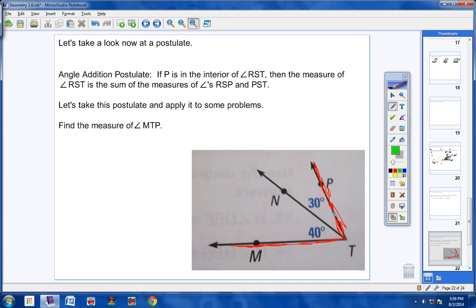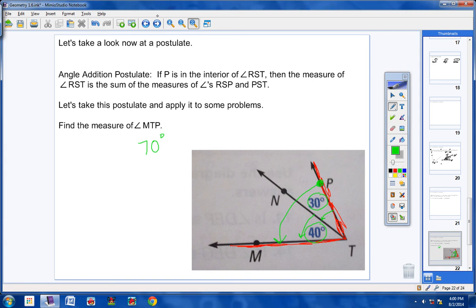If the space from here to here is 30 degrees, and the space from here to here is 40 degrees, then the entire space from here all the way down to here would be what? Would it not be 70 degrees? Because you simply take this angle here and this angle here and you add them together and you get the whole angle. And that's what the angle addition postulate is all about.